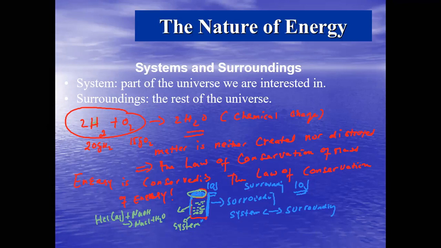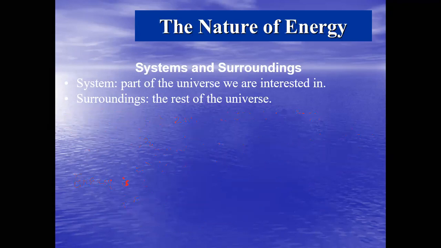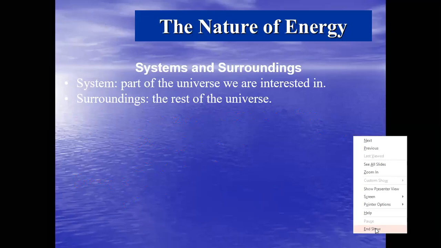It's like the system is the reactant and the surroundings are the product, or vice versa. Just like we have the law of conservation of mass, we have the law of conservation of energy. System and surroundings can be anything, between what's happening inside the beaker and outside. I can give you more examples of this.